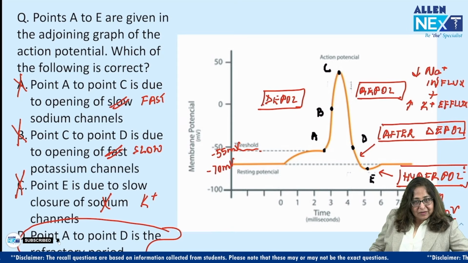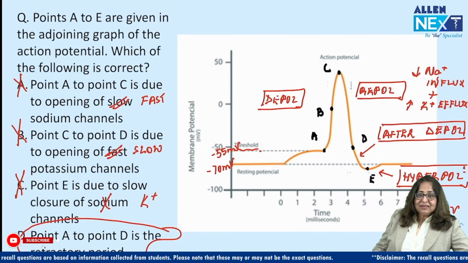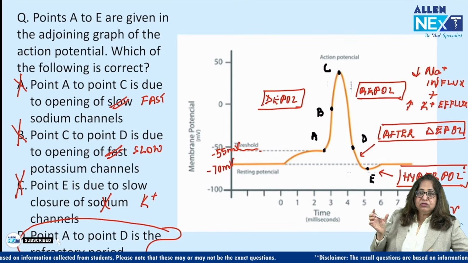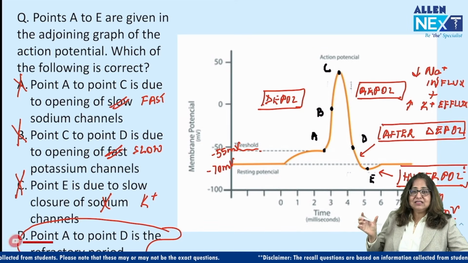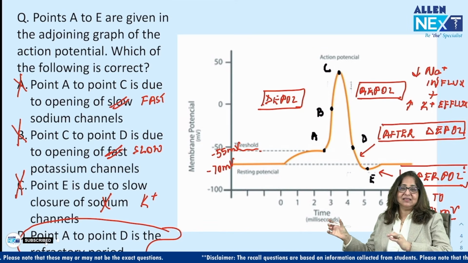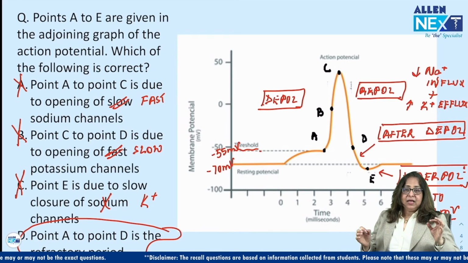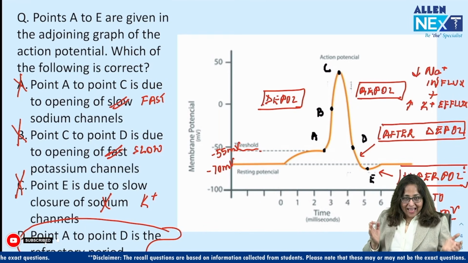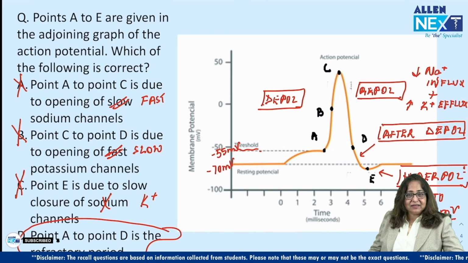So the refractory period. What is the refractory period? A refractory period is the duration during which a cell does not respond to a second stimulus. It is divided into two: an absolute and a relative refractory period.